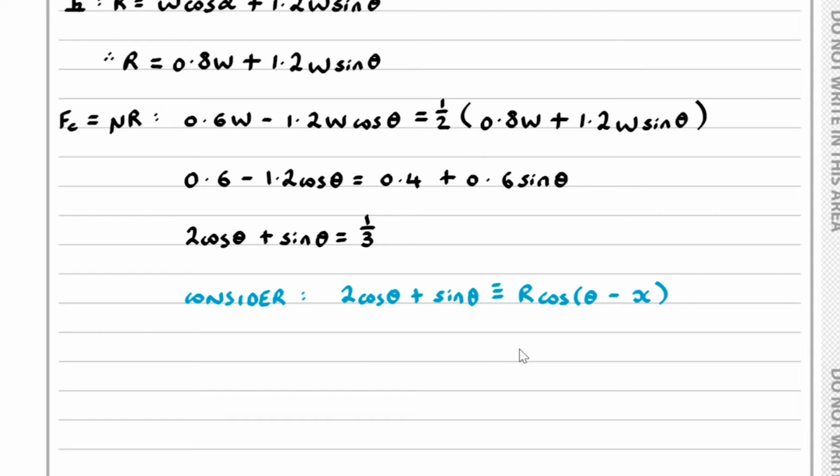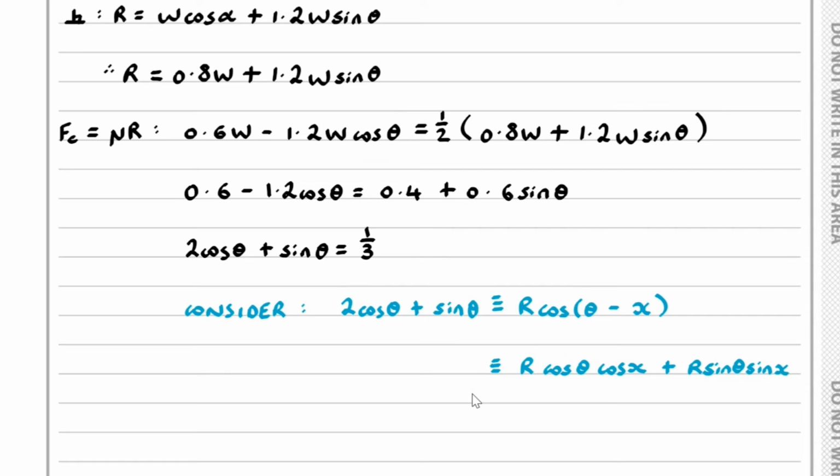And so we've got R cos theta cos x plus R sine theta sine x being equal to this.